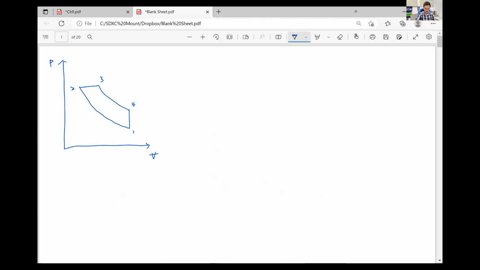Okay. This is isentropic. This is Q in. This is Q out. So the net work output is basically Q in minus Q out, right?